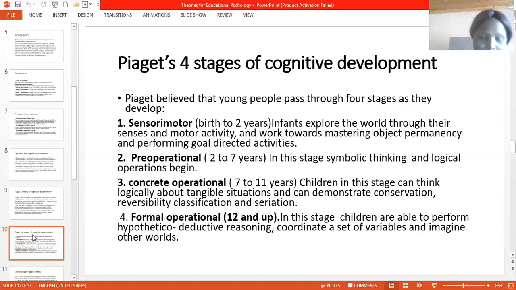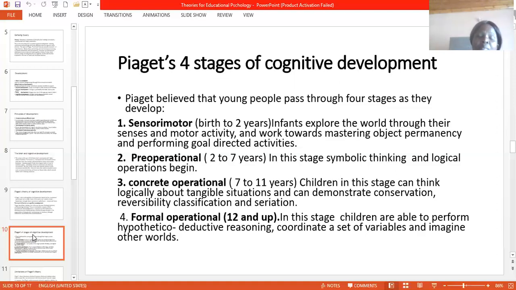Number 3, concrete operational. That is 7 to 11 years. Children in this stage can think logically about tangible situations and can demonstrate conservation, reversibility, classification, and seriation.